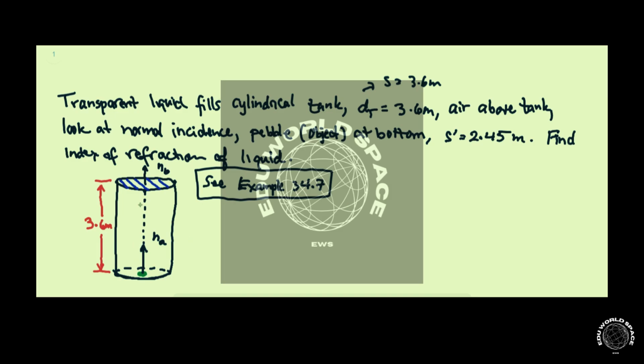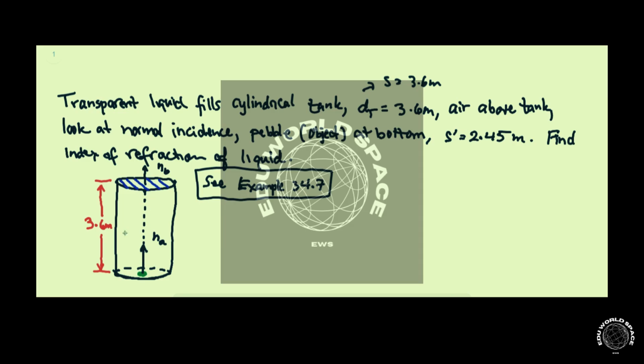If you look at that problem, you see that the image forms somewhere, well, clearly from here. Let's use this because we have some numbers to compare. We see that S is 3.6 meters and S prime is less. So the pebble appears higher than it actually is to your eye when you're looking into the water. And so the image is formed on the incoming side of the light.